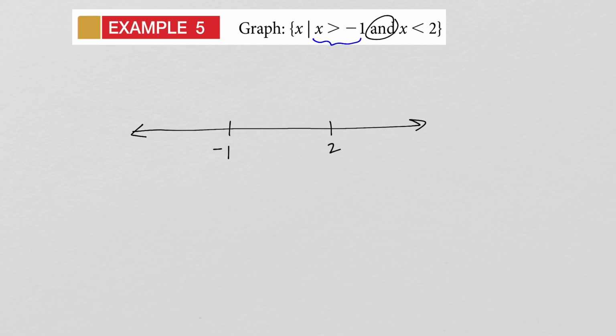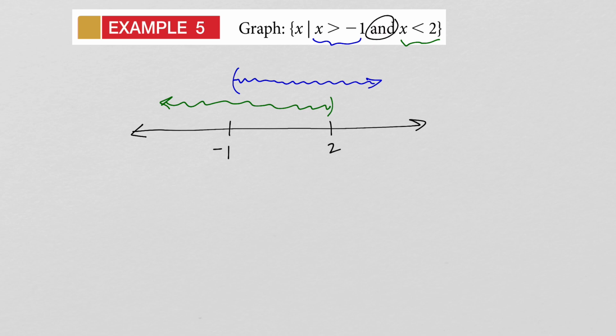So you can all see that -1 starts here. So if I go above the number line, that set of numbers can be represented by that graph, right? And it's a parentheses because it's not included. But then we also need for x to be less than 2. So here's 2 over here, and we want it to be less than 2. That's this way.